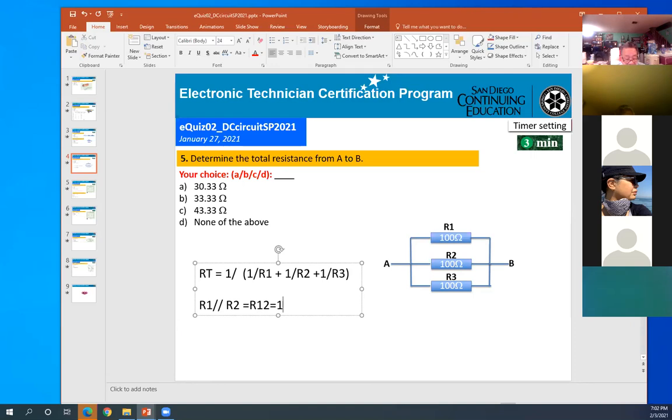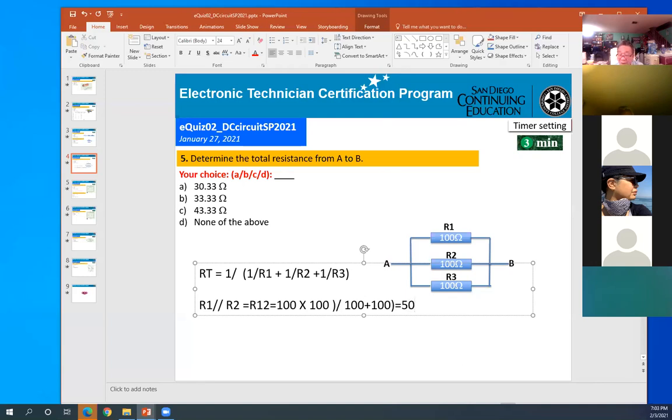Then the product, 100 times 100, divided by 100 plus 100. And you know if you have the same value resistors in parallel, you get 50.